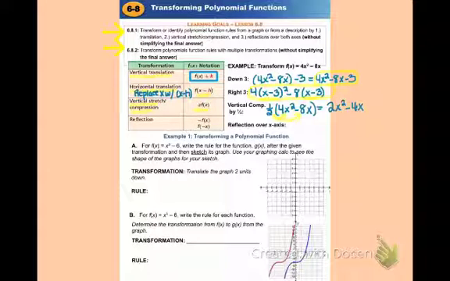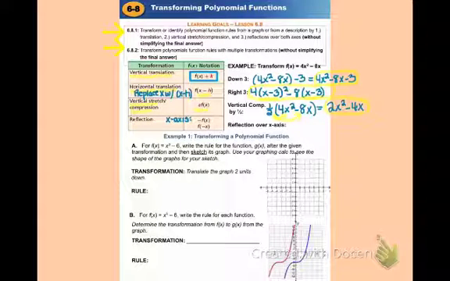Now we'll also be looking at reflections, and we'll actually look at reflections over both the x-axis and the y-axis. And you'll actually see the rules here for both. This first one, which says to take the opposite of f of x, is a reflection over the x-axis.